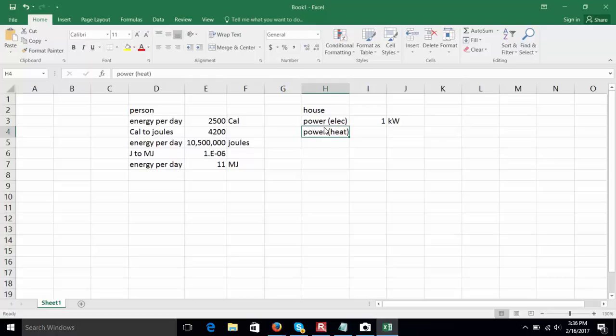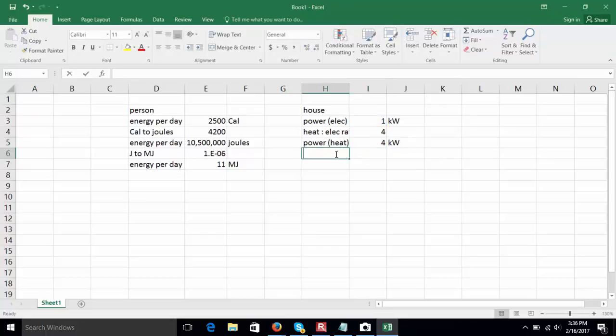Actually, let's take it one step further and do the heat to electric ratio. It's usually about 4 to 1, usually about 4 times as much, at least in our climate here. And so power heat, this is going to be in kilowatts, equals 1 times 4.